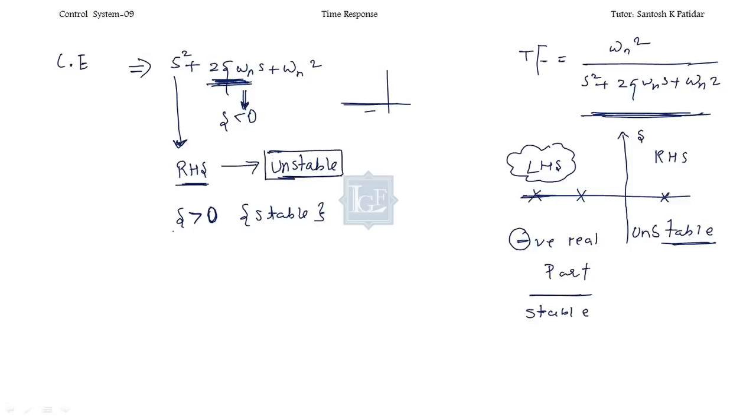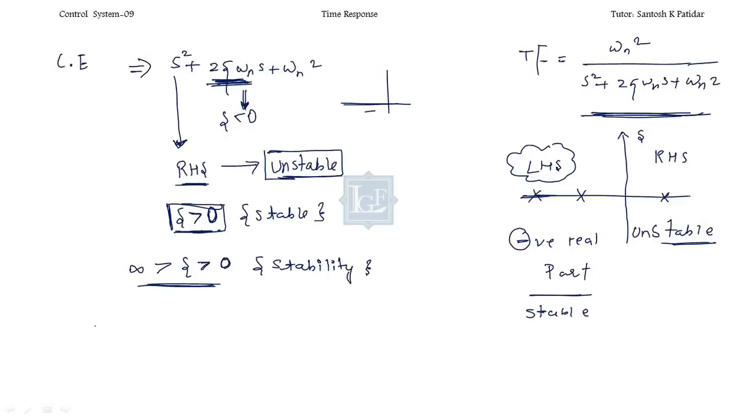For the stable system, this is the must condition, that zeta should be greater than 0, correct? So I can give the range of zeta: zeta should be greater than 0 and less than infinity. This is the range for stability. Okay, perfectly fine.